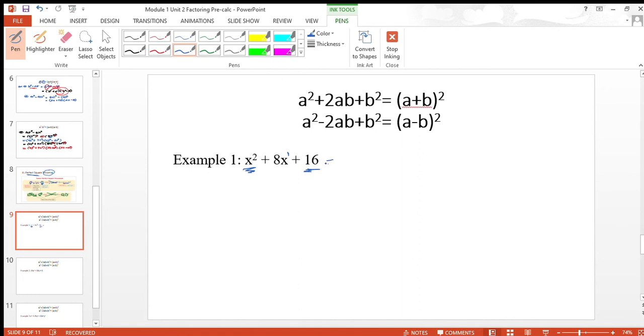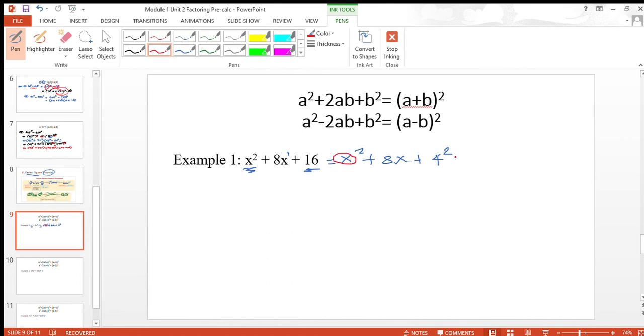So we can rewrite x squared plus 8x plus 16 with 16 as 4 raised to 2. Let's verify if we have a perfect square trinomial. We have x squared and 4 squared, so two perfect squares.